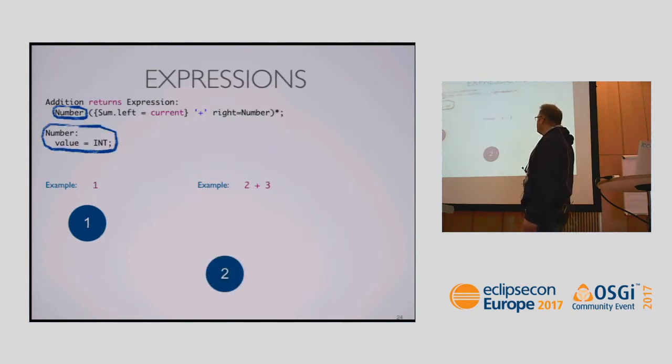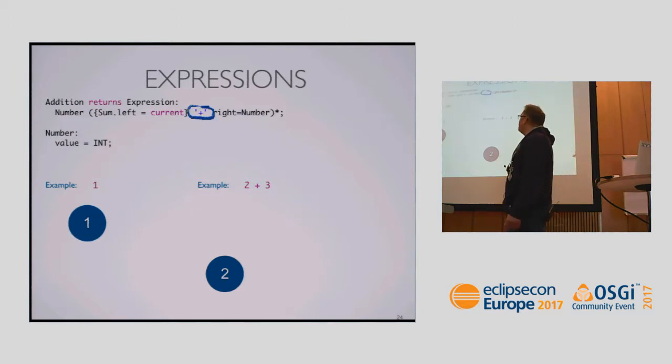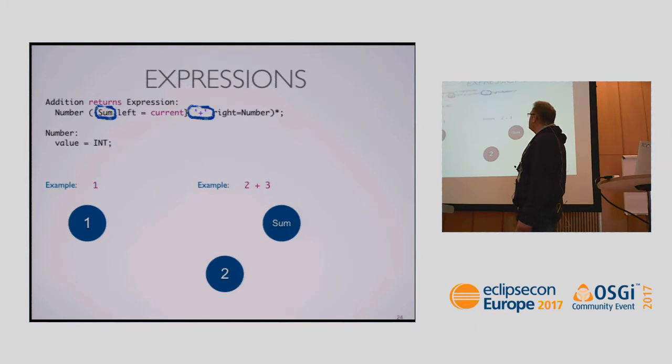First of all, we face the 2. It will be the number instance. And then we face the plus sign. And now this here comes into play. This means when you face the plus sign, then create a sum object.